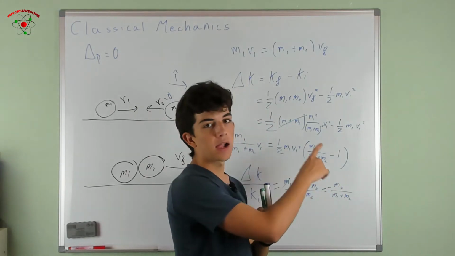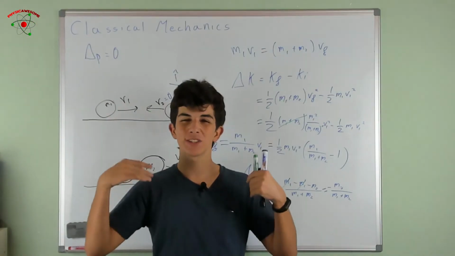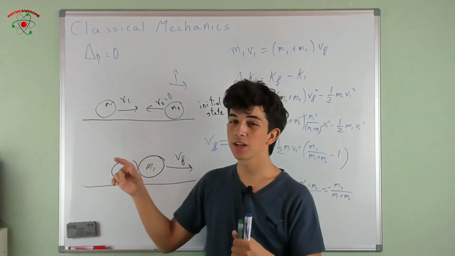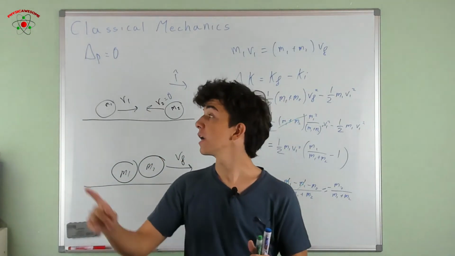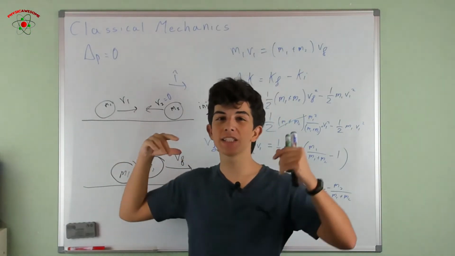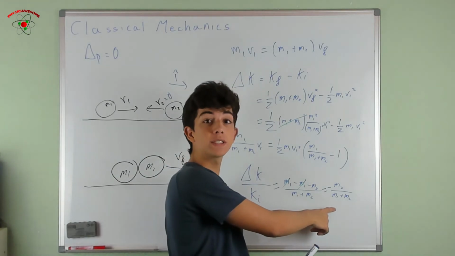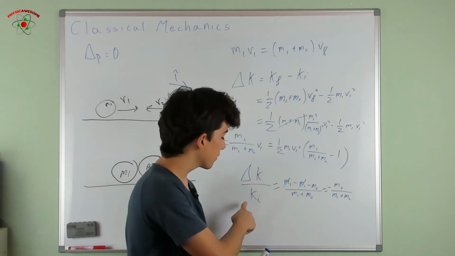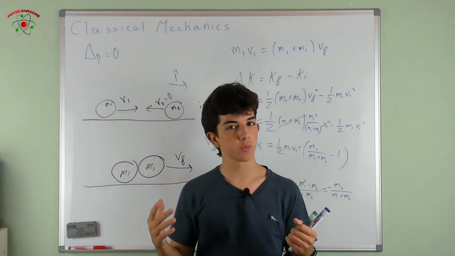And we see that whenever our first mass is so much greater than the second mass, there's not going to be a lot of kinetic energy loss. However, if our second mass is huge, is very big, the loss is going to be pretty significant. Indeed, it can become exactly the kinetic energy. And that fits with our experience.